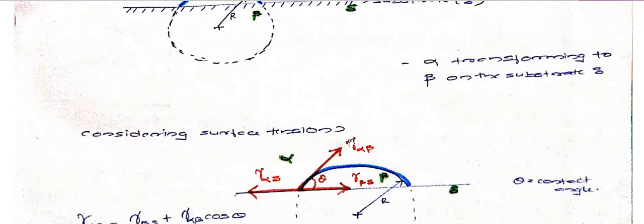The surface tension which deals with that one is gamma alpha beta, and a third one will be between the surface and the solid portion, which is denoted by gamma beta delta. So the first one is between the substrate and the liquid, the second one is the solid and the liquid, and the third one is solid with the surface.